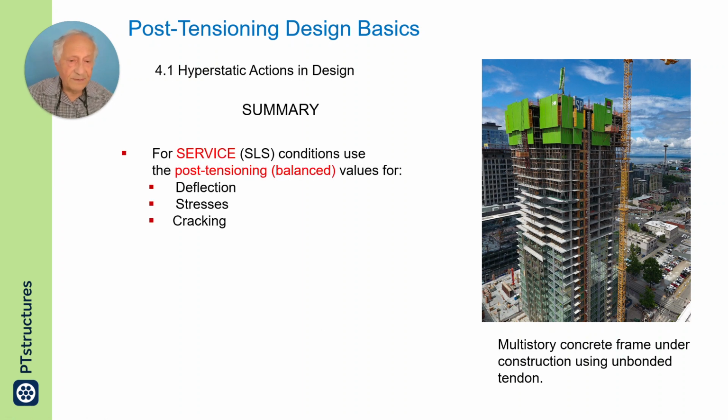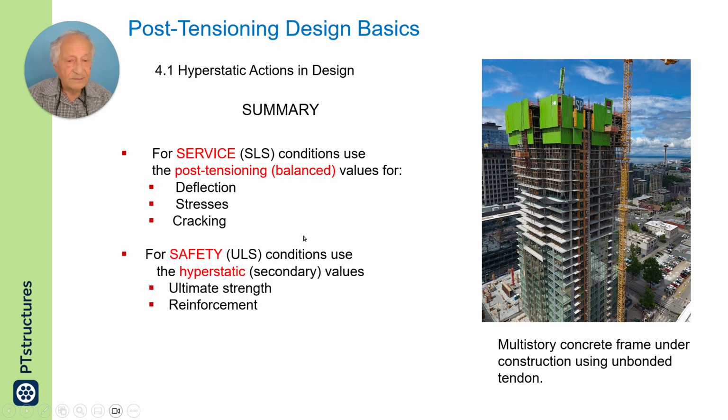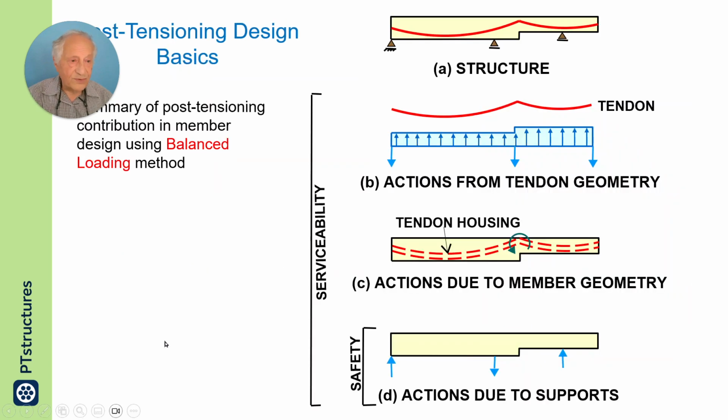In summary, in service condition, where we have deflection and stresses and cracking, we use the up and down forces of the post-tensioning. For safety, we use the hyperstatic actions, and those are from the reactions of the post-tensioning.